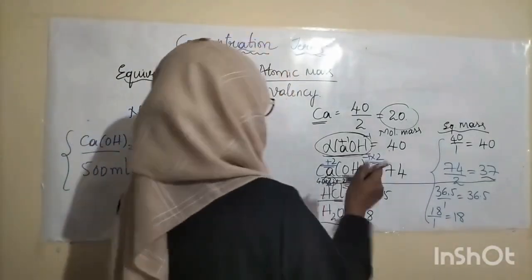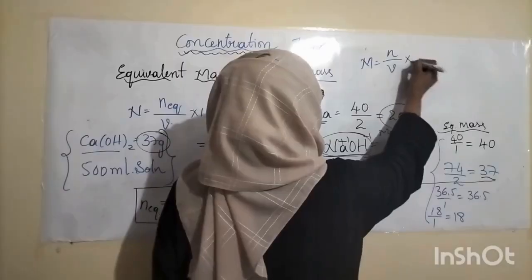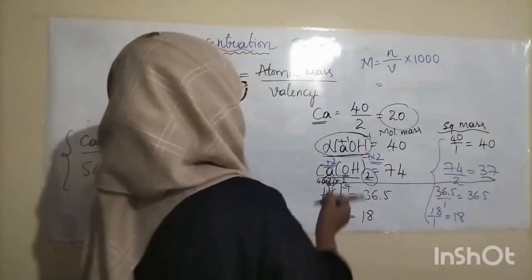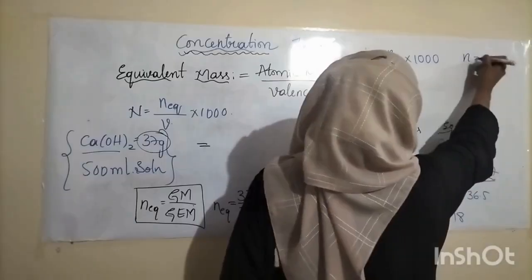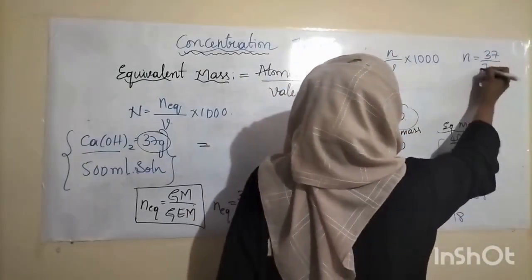Just for your better understanding, let's calculate molarity as well. To calculate molarity, it is the number of moles divided by volume multiplied by 1000 if the volume is not in liters. So given mass, we have to take the number of moles, not equivalents. So n is equal to given mass 37 divided by the molecular mass 74.